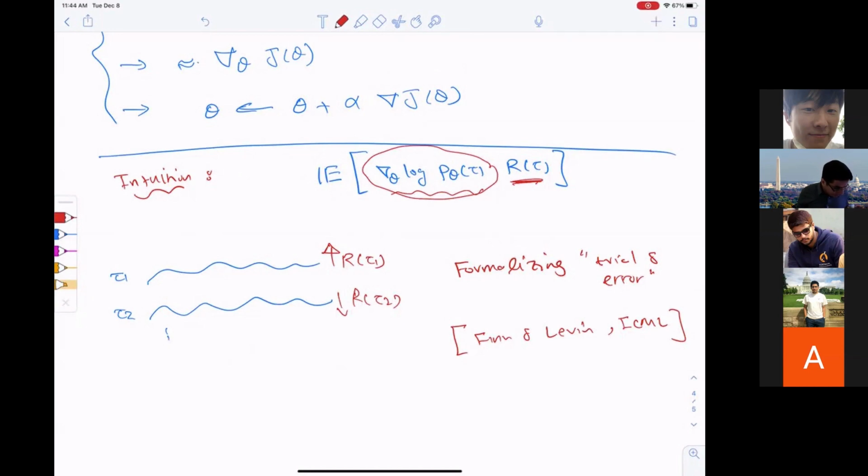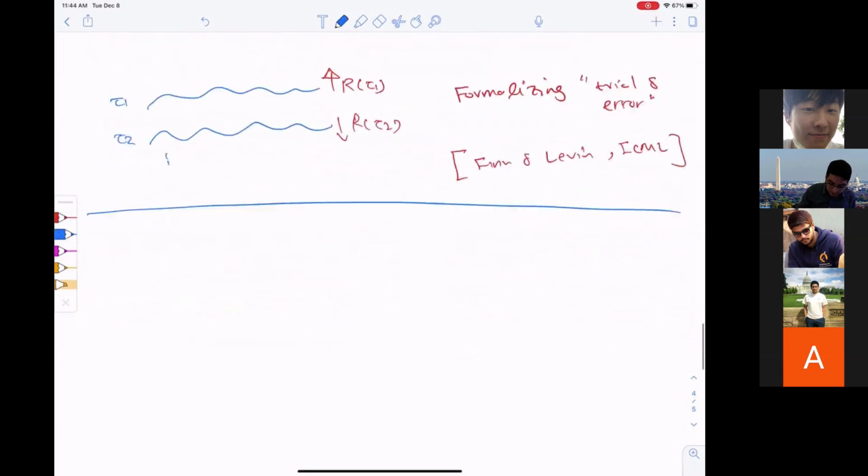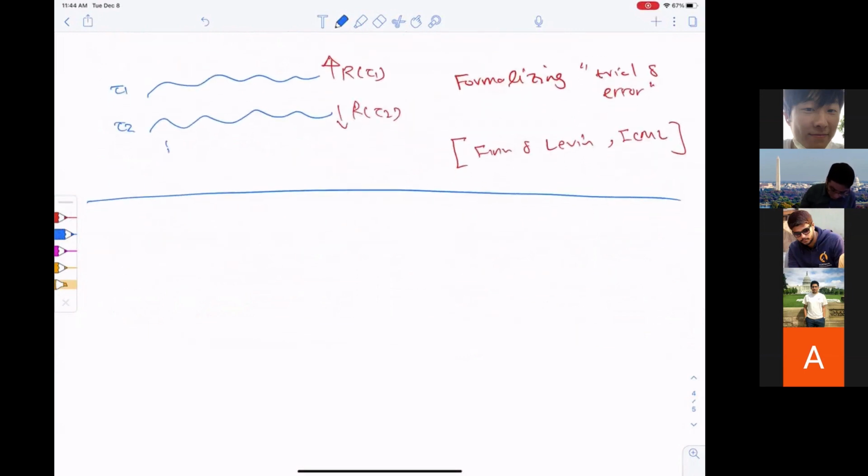Okay. So I'm going to skip the example I have for the policy gradient, and I'm going to talk about some of the issues that we face in policy gradient. For the example, again, you can refer to this tutorial by Chelsea Finn and Levine in ICML.